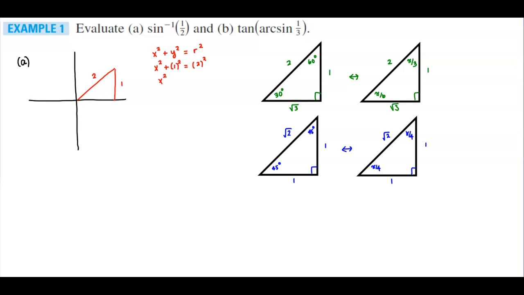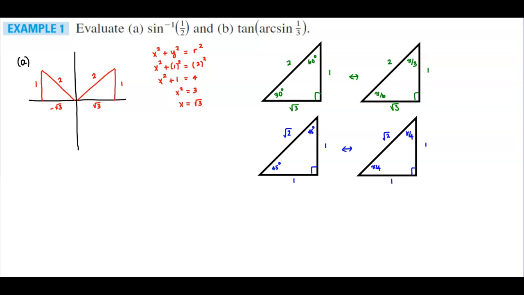So we have x squared plus 1 equals 4, and then x squared is equal to 3. And therefore, that's how we know that x is going to equal the square root of 3 here. And so now we know what kind of angle this is. Now, we can also look at it on this side as well. On this side, we would say that this represents negative square root of 3. We can say that this represents 1, and then this represents 2.